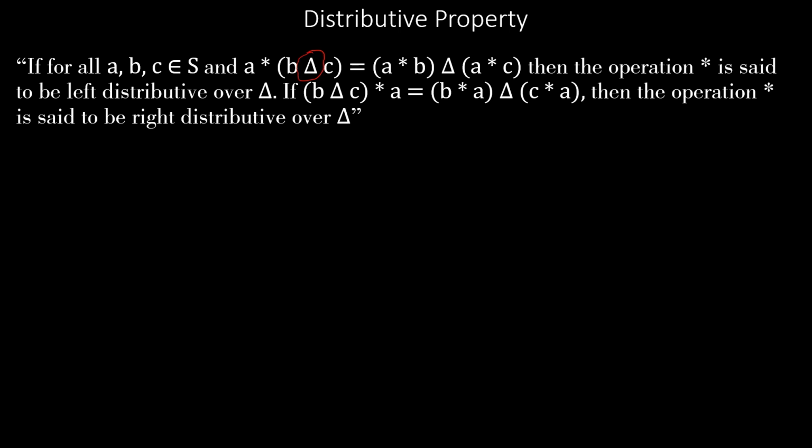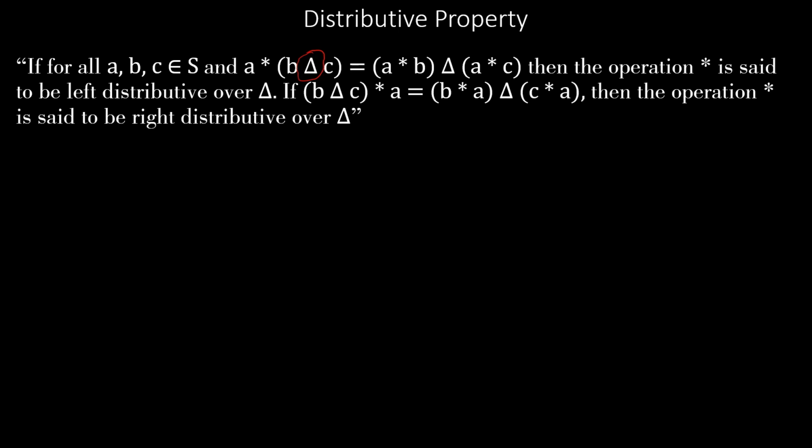So if you have A asterisk (B triangle C) equal to (A asterisk B) triangle (A asterisk C), then the operation asterisk is said to be left distributive over triangle. If (B triangle C) asterisk A equals (B asterisk A) triangle (C asterisk A), then the operation asterisk is said to be right distributive.